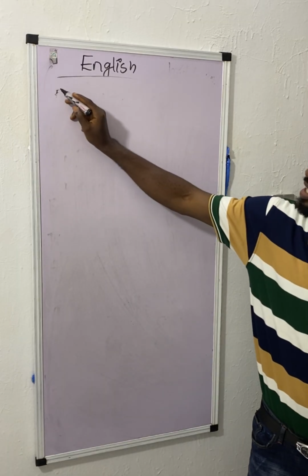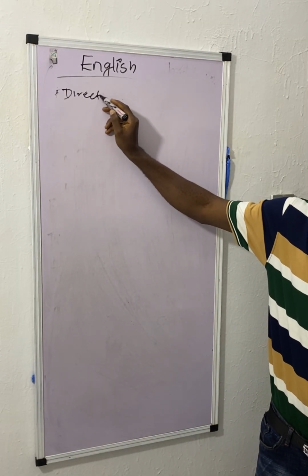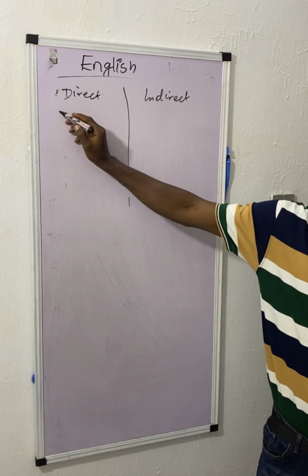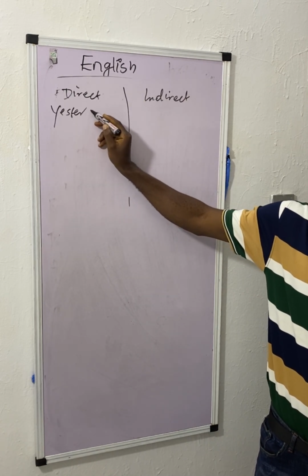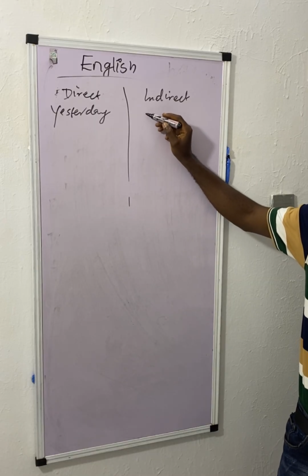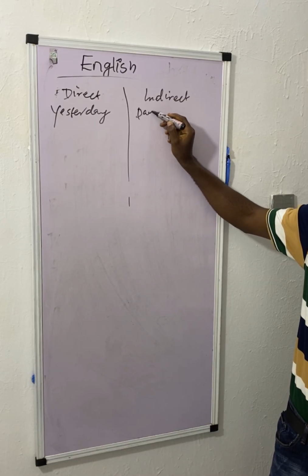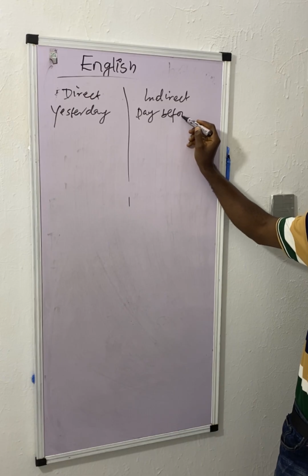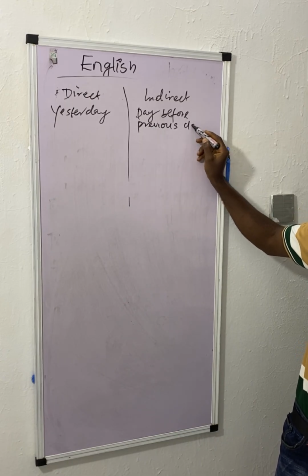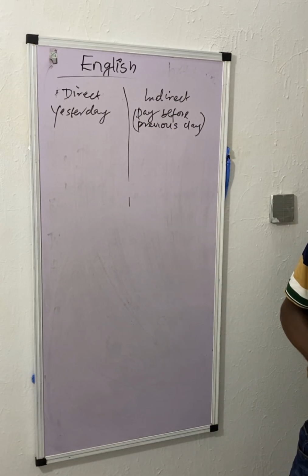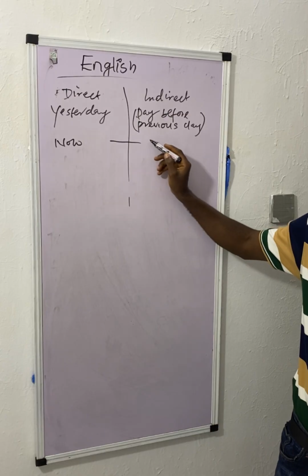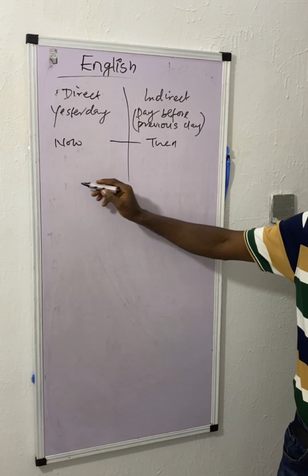For example, if you have yesterday in the direct speech, when you convert it into indirect speech, you are going to use the day before or the previous day. If you have now, you convert it to then in indirect speech.